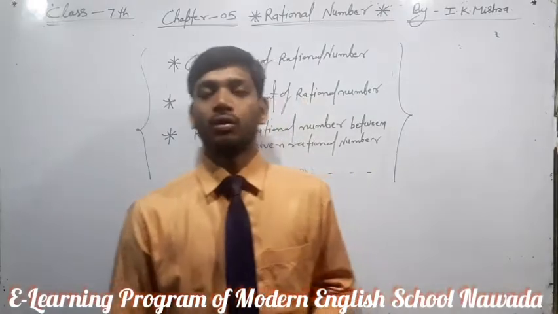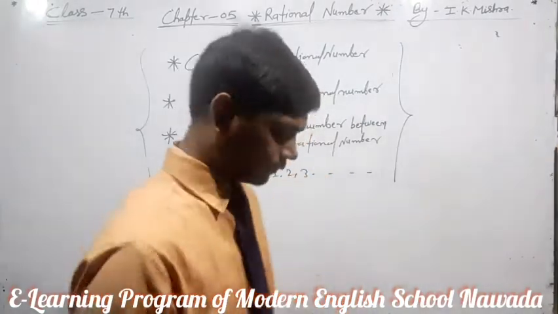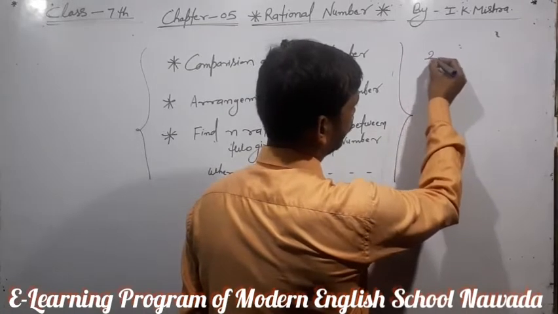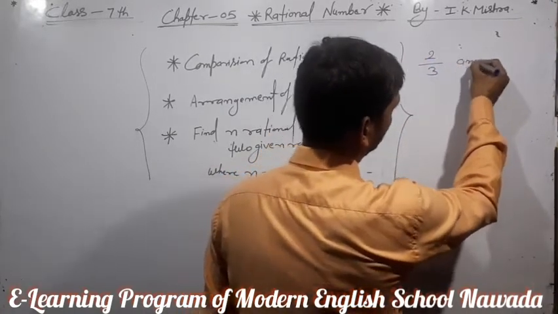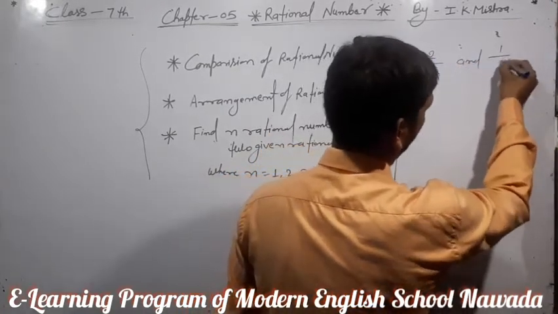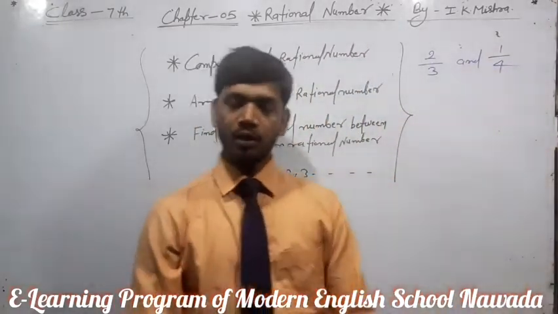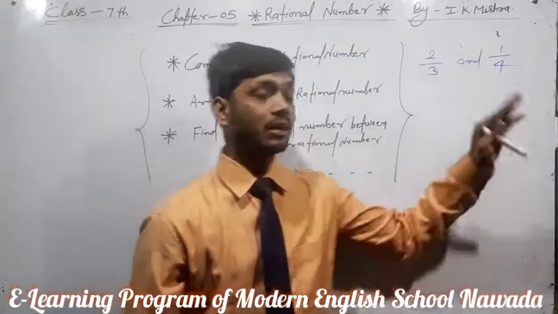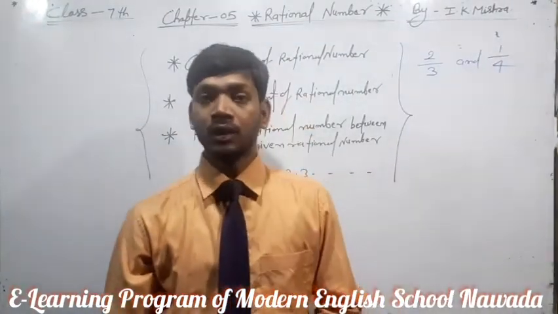Now review the method. Suppose I have given two rational numbers, 2 by 3 and 1 by 4. We have to compare which rational number is greater or smaller.